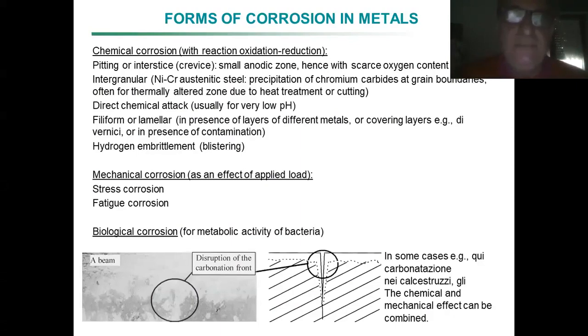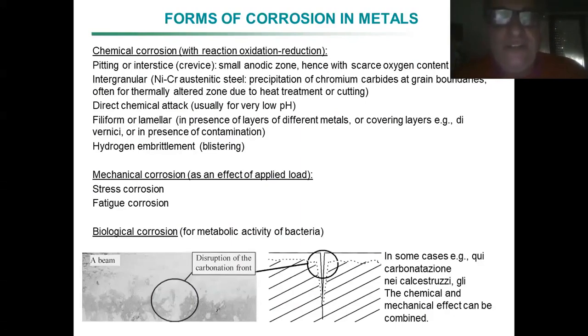So you didn't pull it to its ultimate strength, but you loaded it a large number of times, which we call cycles. Every time that chain rotates, it's a cycle.